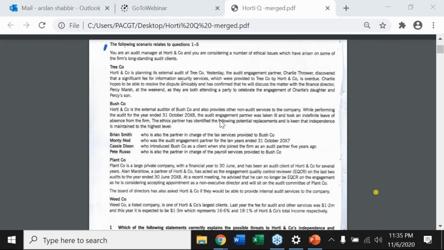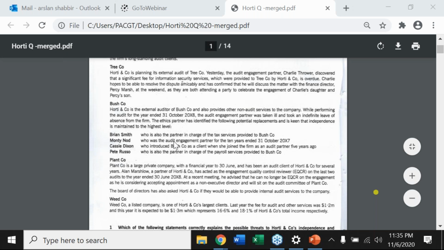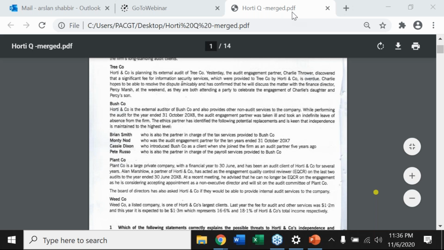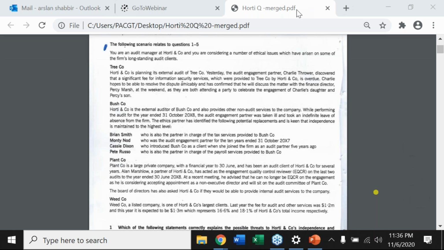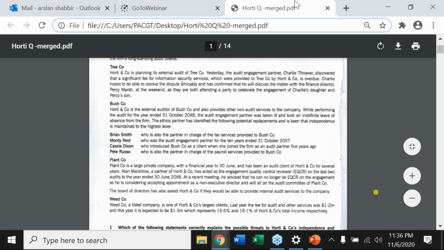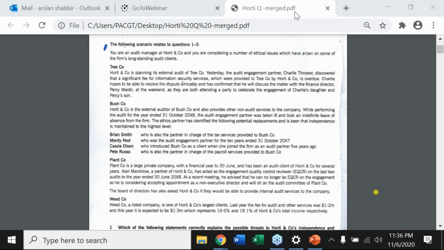Now, what is the second? Monty Nod, who was the audit engagement partner for 10 years. So there can be a familiarity threat.